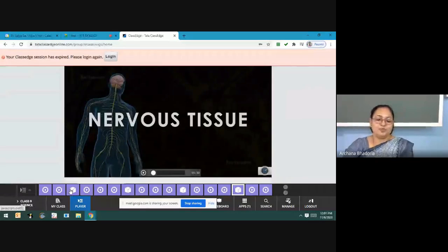Then write down nervous tissue. And fourth, write down connective tissue.